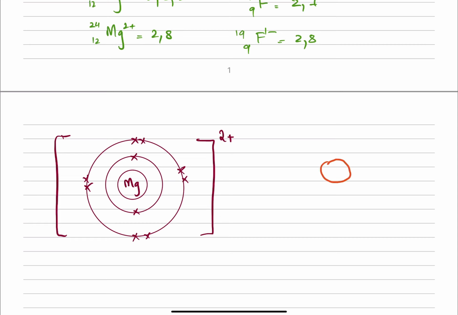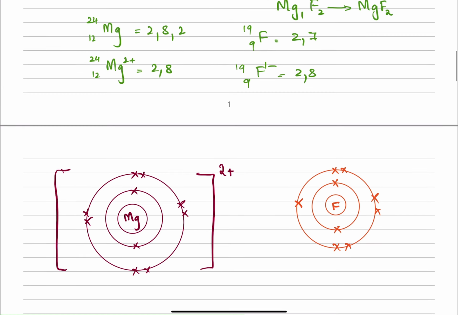So first I'll make 1 F, the duplet of F, the octet of F, minus. It has gained a charge, this would be dots, because I've made magnesium with crosses, so fluorine has to be dots.